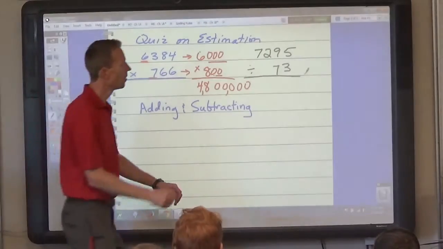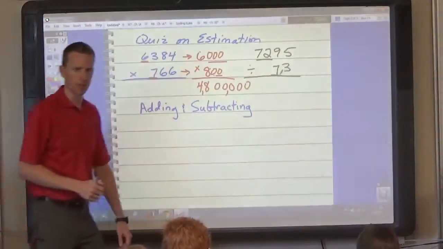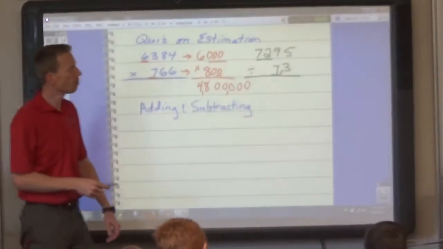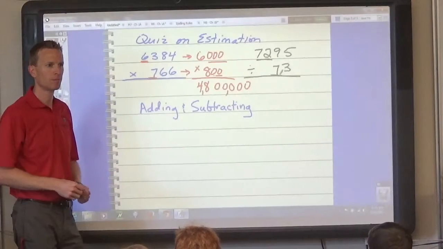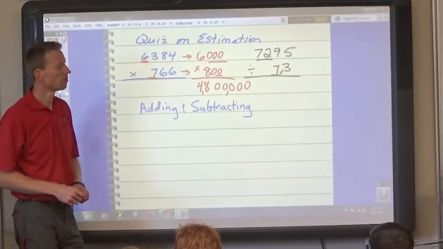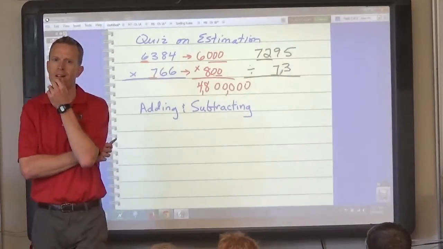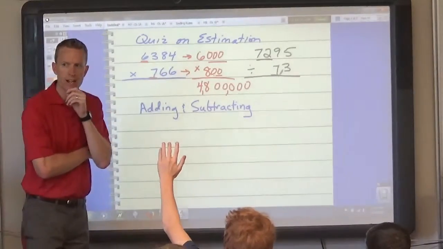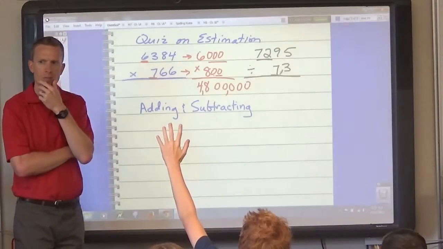We have to find a division problem using the front numbers. We have to find some compatible numbers, right? So what could we round these to, using the numbers we have, to get a close division problem?